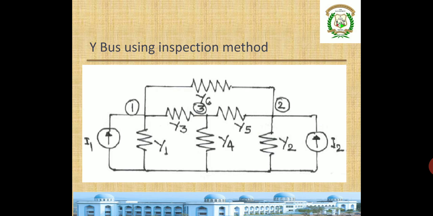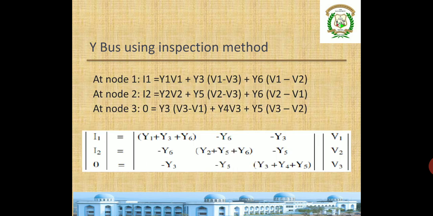So how to go with this YBus using inspection method? Let us apply KCL at the different nodes. Usually in our inspection method, we will leave the reference node and directly we will get the YBus. Our YBus is a matrix of size node cross node.